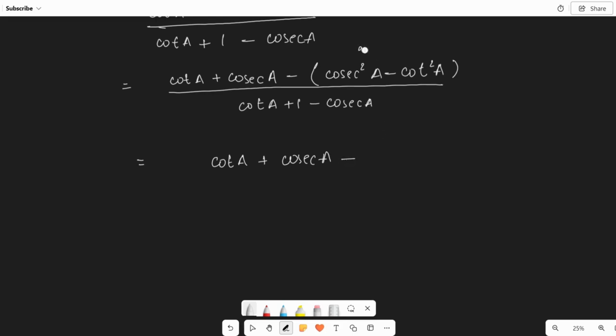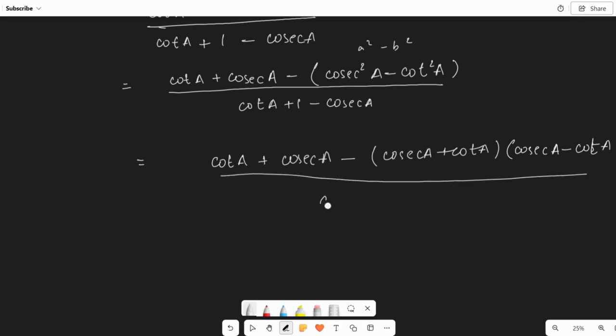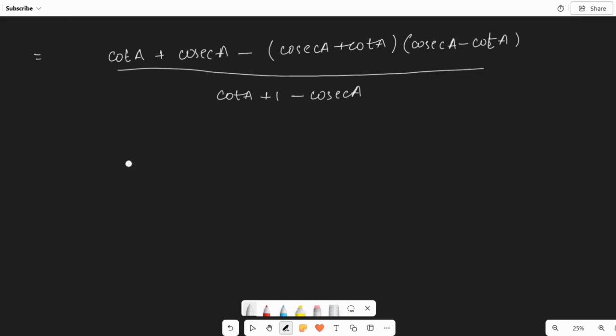This is in the form of a² − b², which can be written as (a + b)(a − b), that is (cosec A + cot A)(cosec A − cot A), divided by cot A + 1 − cosec A. Now from here cosec A + cot A can be taken as common.